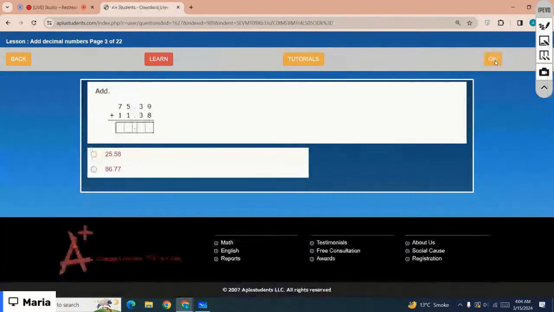The next one is add 75.39 plus 11.38. So which is the correct option?